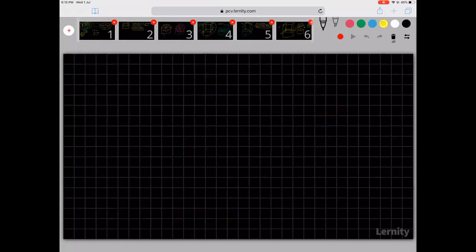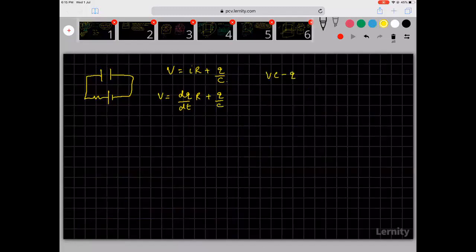If you have a normal capacitor and a resistor connected to a voltage, then I can say that V is equal to IR plus Q by C. I can say V is equal to dq by dt R plus Q by C. Now I can say VC minus Q by C is equal to dq by dt R. So I can say dq RC divided by VC minus Q is equal to dt.